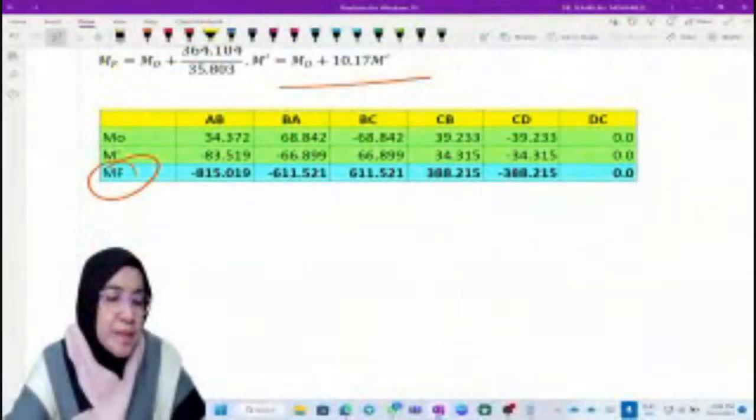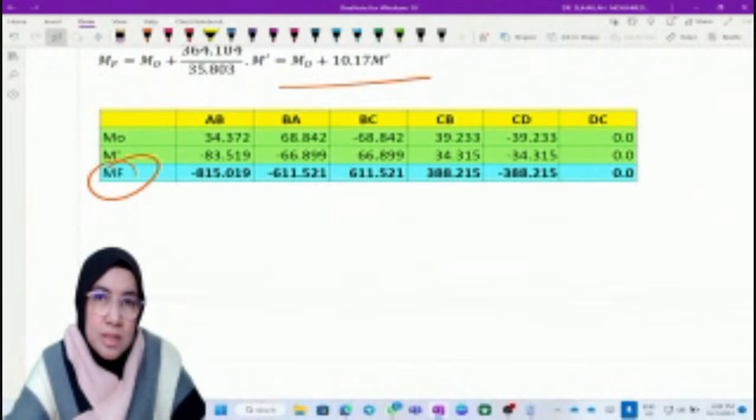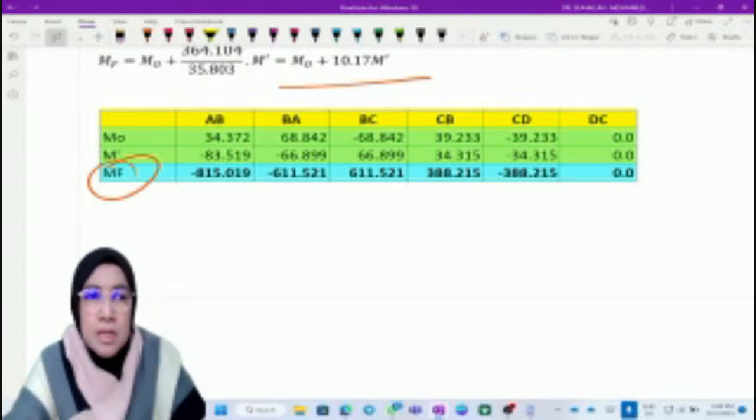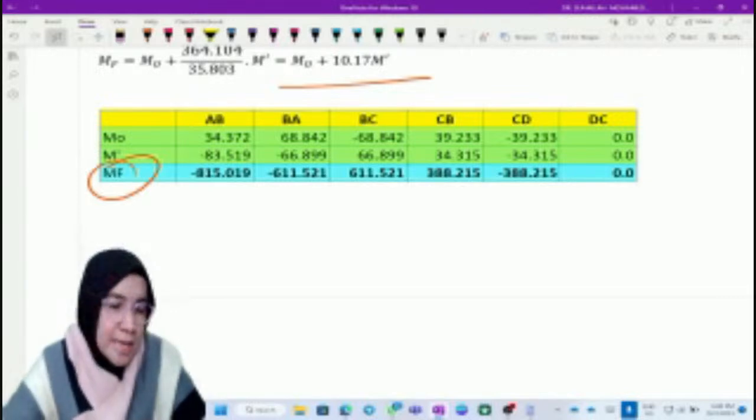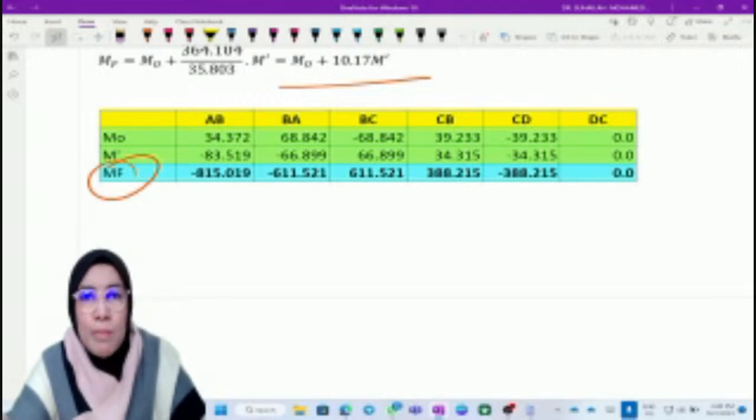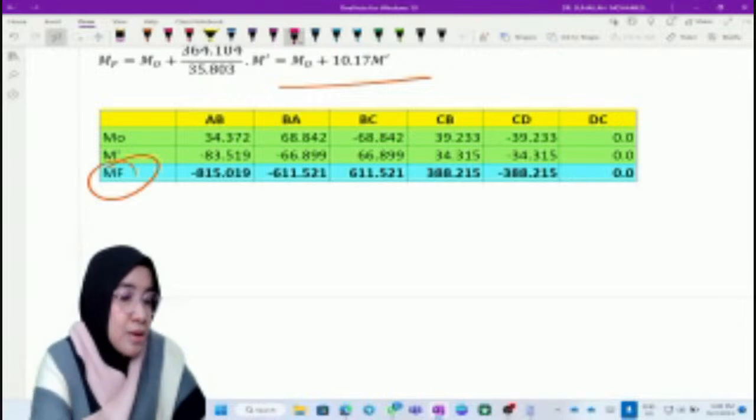Having this, we can actually sketch the bending moment diagram directly without the shear force diagram. Remember that the shear force diagram is needed when we want to calculate the maximum moment in the bending moment diagram. Without the shear force diagram, we can also draw the bending moment diagram. So we jump to the bending moment diagram directly by using the moment direction, and we can sketch that one.